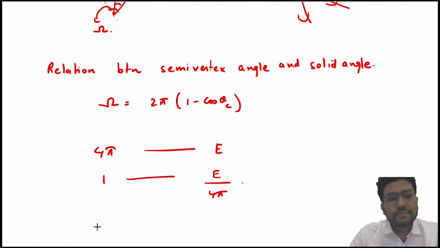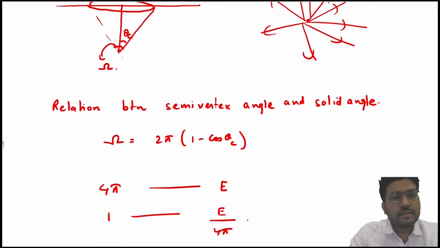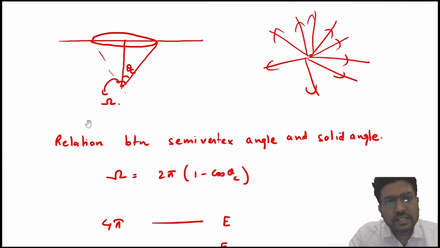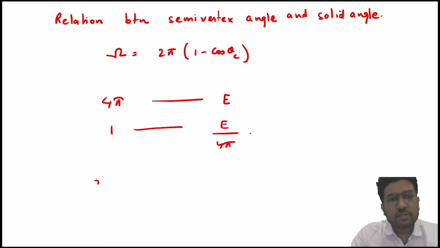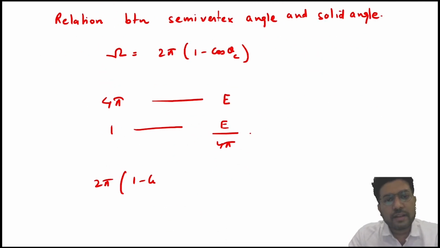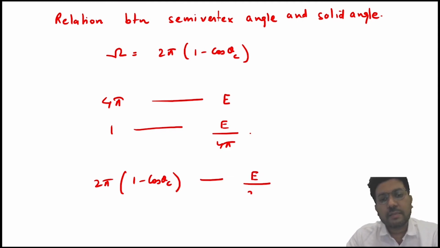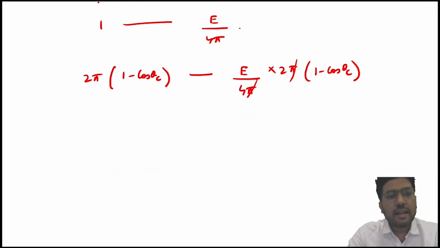So in this much solid angle, how much energy is emitted? This much solid angle means 2 pi into 1 minus cos theta c. So the energy emitted is E divided by 4 pi into 2 pi into 1 minus cos theta c, right? So pi cancelled.